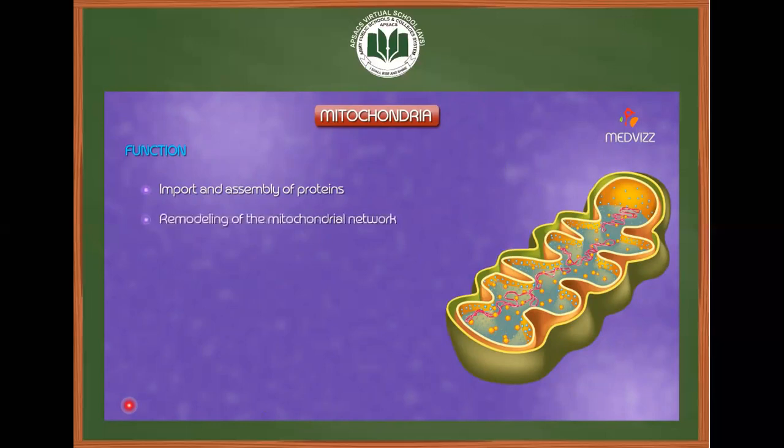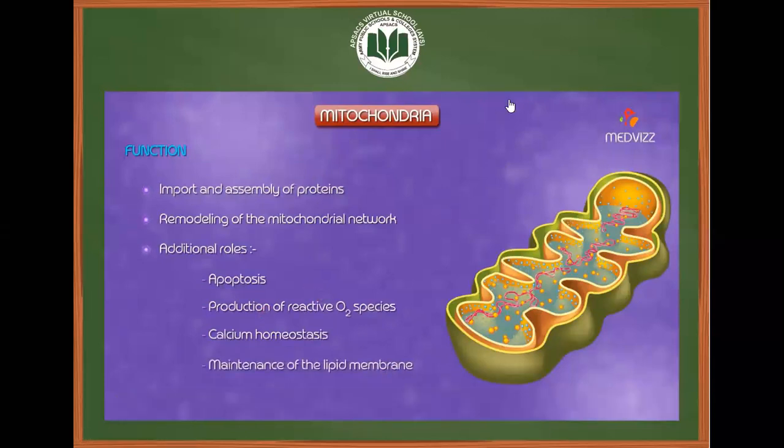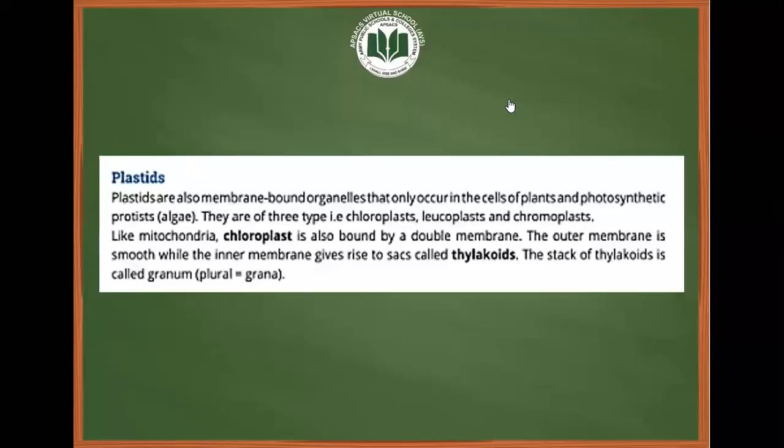The ongoing remodeling of the mitochondrial network is also a function of the mitochondria. Additional roles of mitochondria in apoptosis, production of reactive oxygen species, calcium homeostasis, maintenance of lipid membrane, and immunity have been described. Our next topic will be plastids.